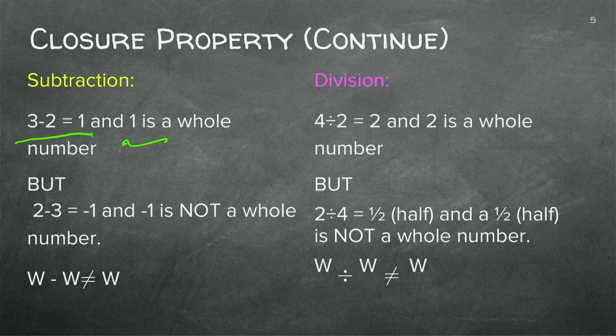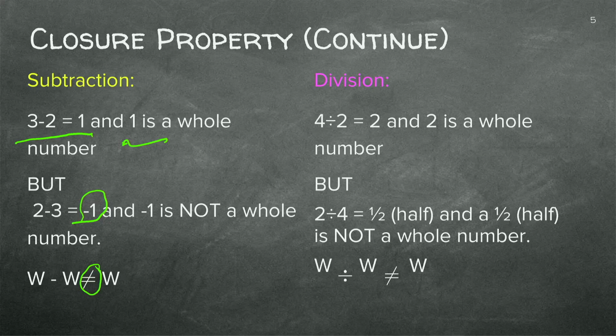But if it's the other way around, and we subtract 3 from 2, we get -1, and -1 is not a whole number. So therefore we're saying that the whole number minus a whole number is not always equals to another whole number. So it is not applicable.